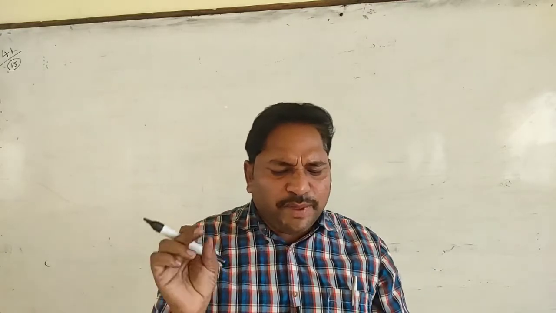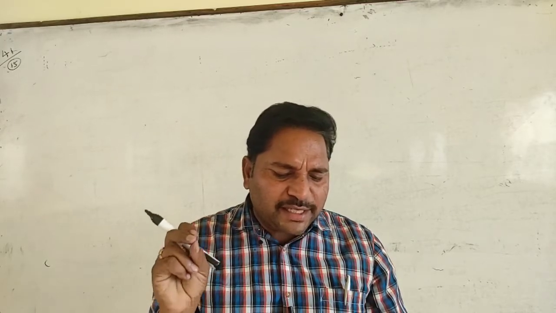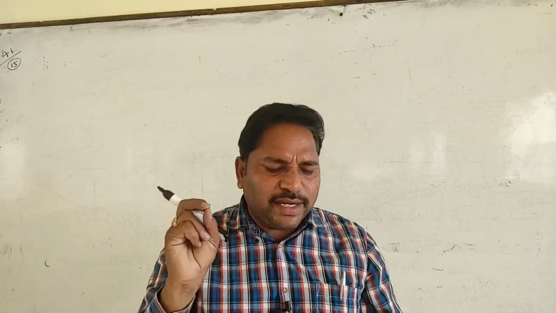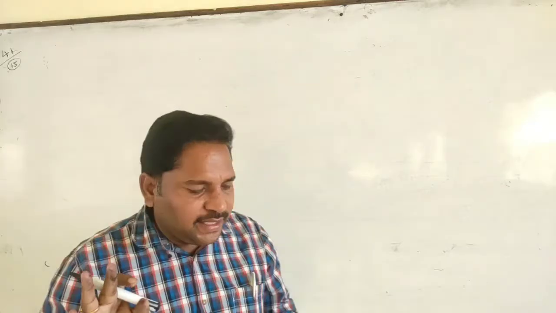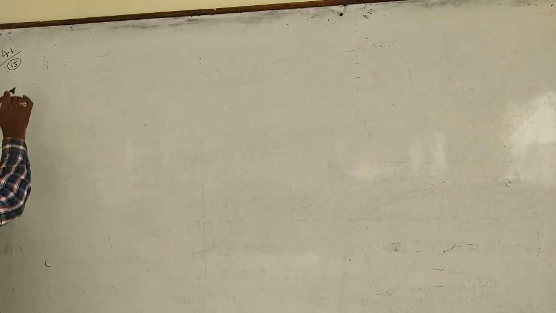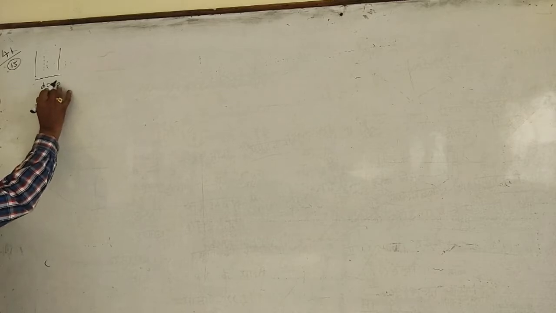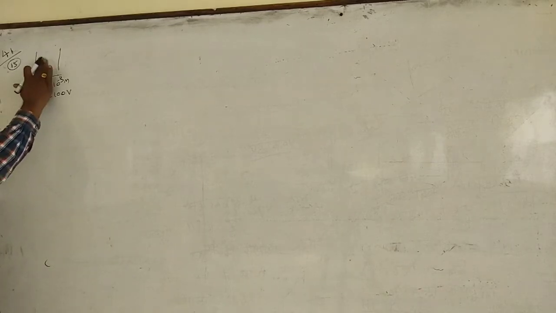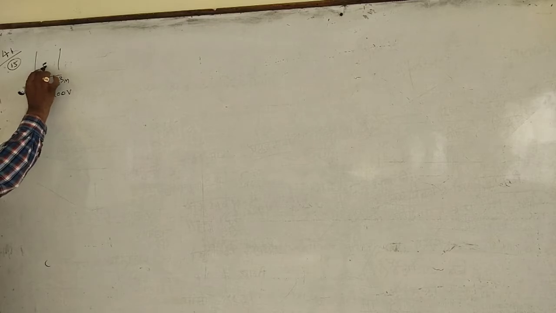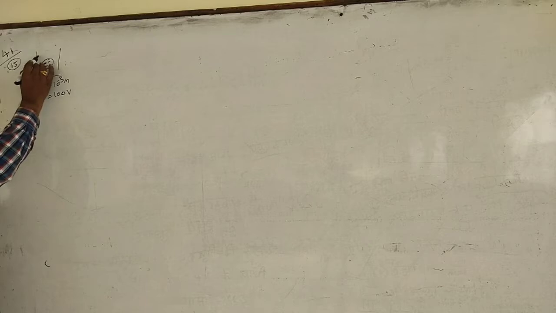The potential difference between two plates separated by a distance of 1 mm is 100 volts. The force on an electron placed between the plates is? Two plates are separated by 1 mm and the potential difference is 100 volts. Then what is the force acting on the electron placed between them?